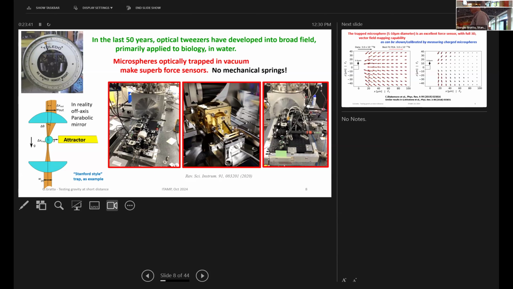And then you have to make a trap such that you can go very close, a few microns, with what I call the attractor, which is some sort of patterned device that alternates low density with high density, with a spatial scale comparable to lambda, the scale at which you're doing the measurement, so that you get a good gravitational signal by scanning this.